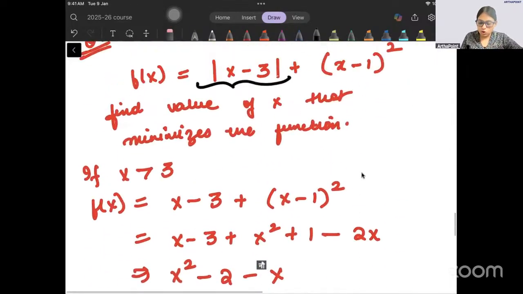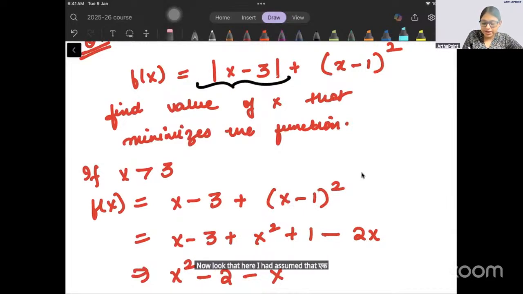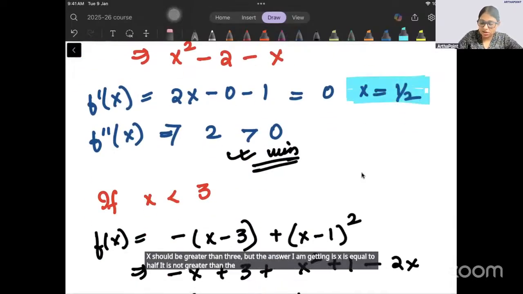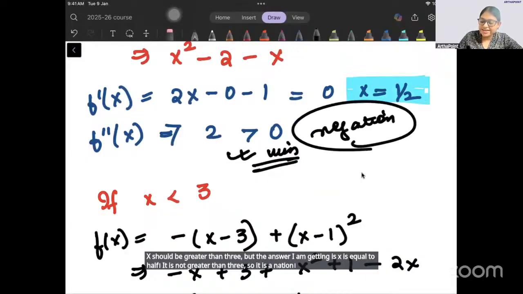Now, look, here I had assumed that x should be greater than 3. But the answer I am getting is x is equal to half. It's not greater than 3, so it is a negation. It is not correct.